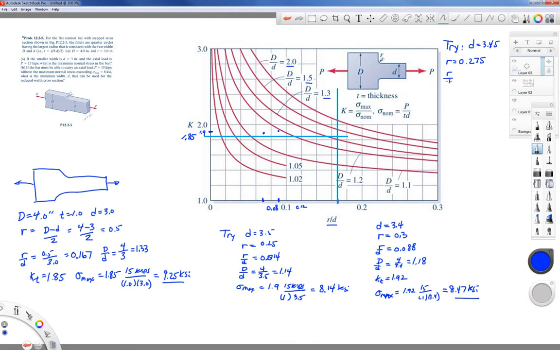So little r over little d is going to be 0.0797. Let's call that 0.08.